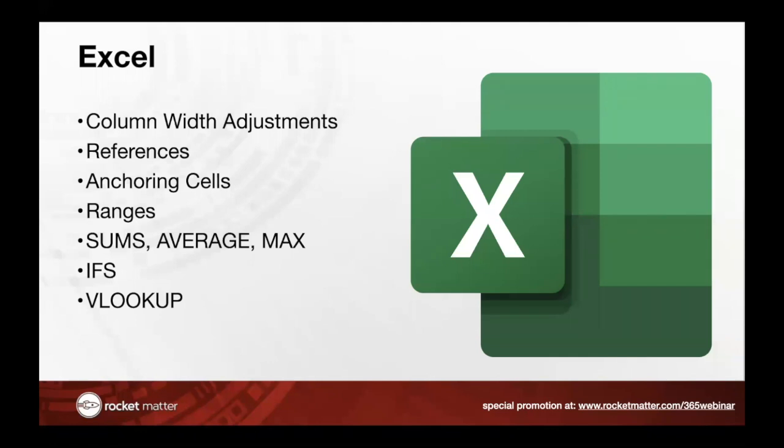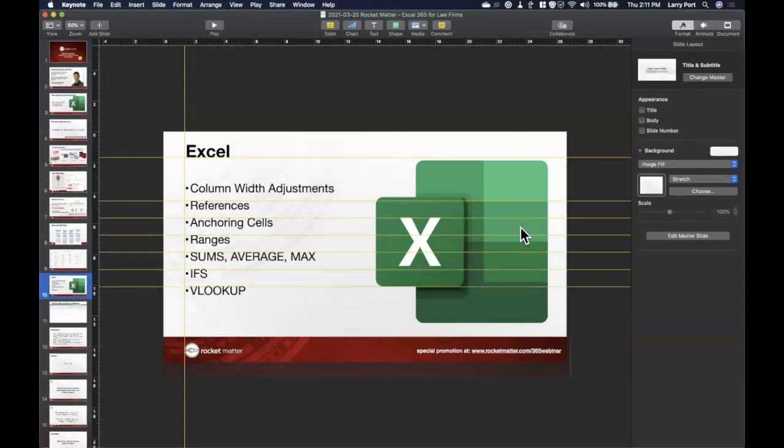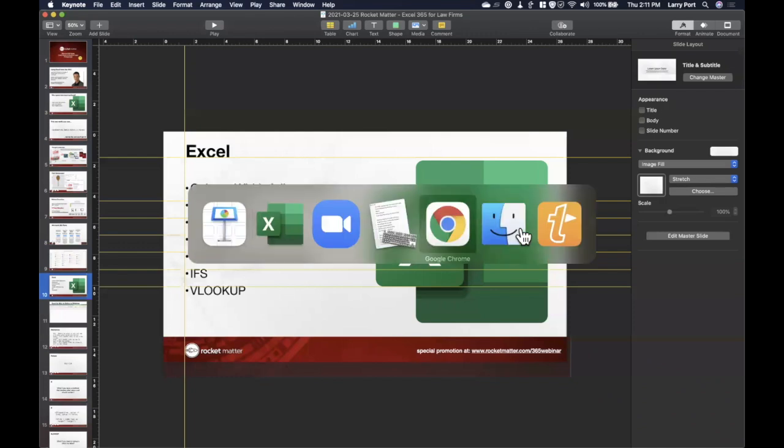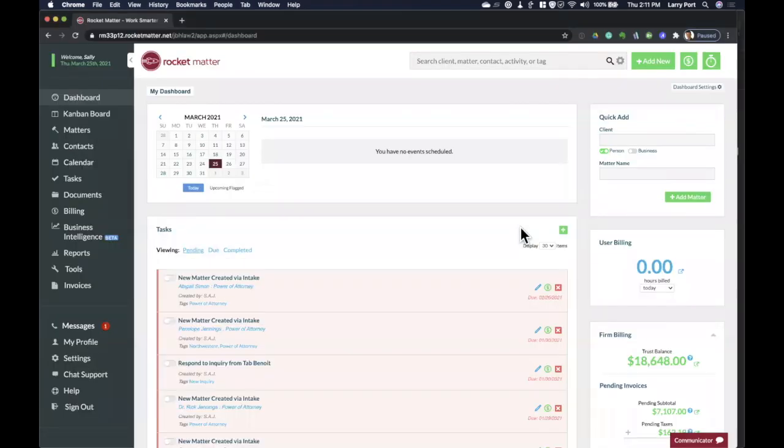I want to give you the lay of the land and we're going to build up from there. So let's get ourselves an Excel spreadsheet, and I want to get one that's meaningful to the practice of attorneys. So I'm going to go into a Rocket Matter installation and pull down a Matter report, just so you can see a real life use case of what an attorney might be doing with Excel.